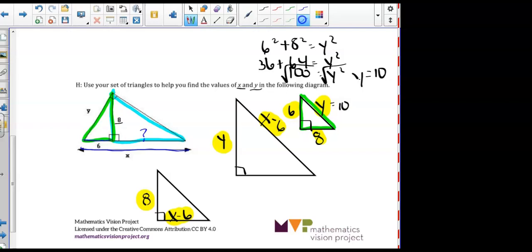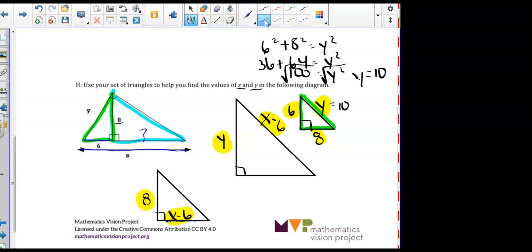So to find this length, I'm going to have to write the expression x minus 6. The whole length minus 6 should give us the length of the question mark, the side length on the blue triangle. And we don't know the hypotenuse on that one. And then the larger triangle will have a short leg of y, a hypotenuse of x minus 6, and we don't know the long leg. So we're trying to find x and y.